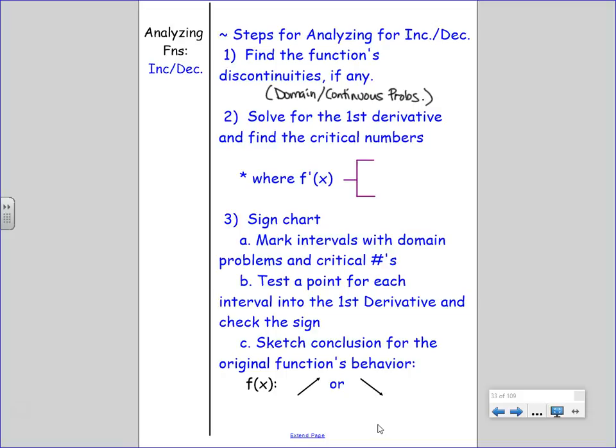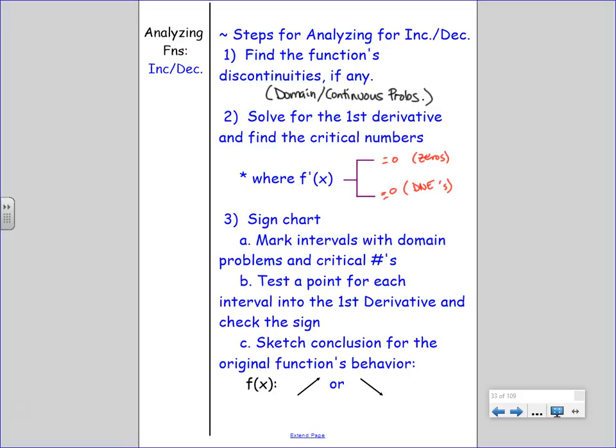That's how you find critical numbers: you solve for the first derivative. What does the pitchfork stand for? Set the top equal to 0 when you find the actual zeros of the derivative, and set the bottom equal to 0 when you find the DNEs of the derivative, or the undefineds, right? And both of them are critical numbers. True?